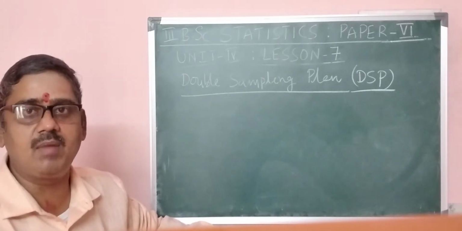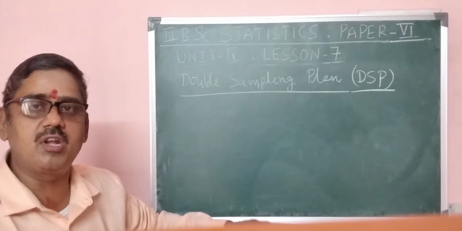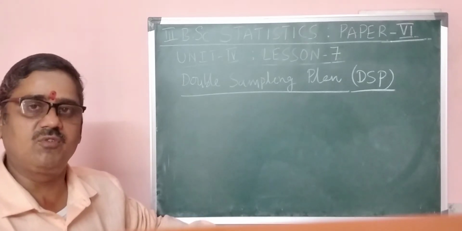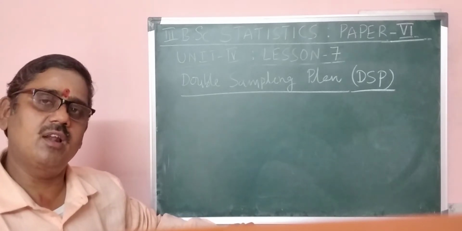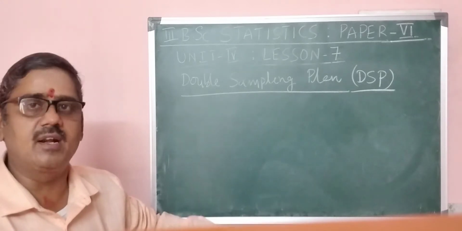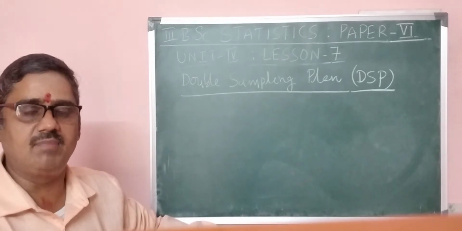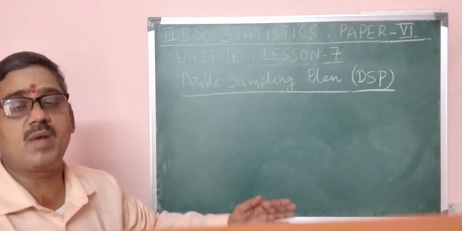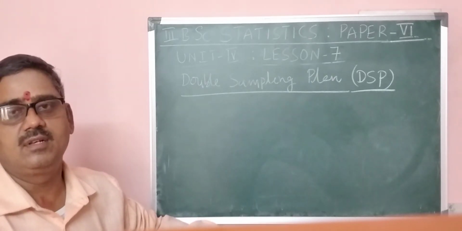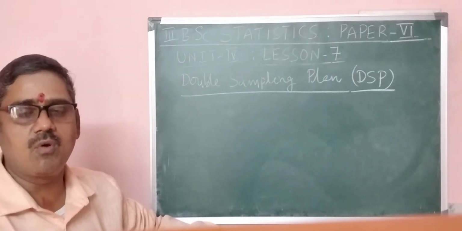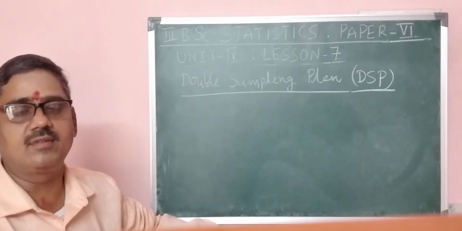That is, the first sample was inspected, finished, then we have to consider the second sample. In the rectifying inspection sampling plans, such inspectional procedures are known as double sampling plans.